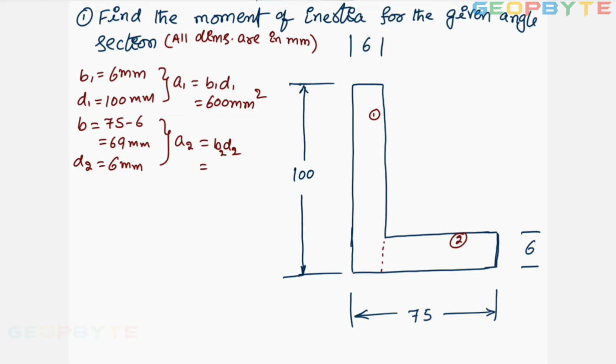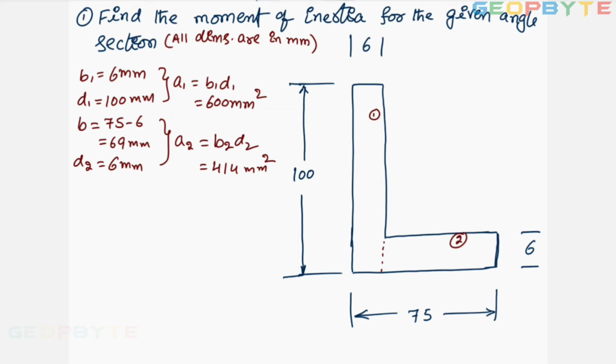You put all the values for getting around 414 mm square. So that is the area for section 1 and section 2.